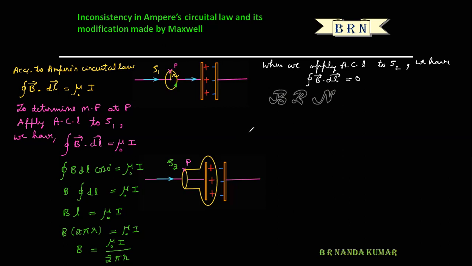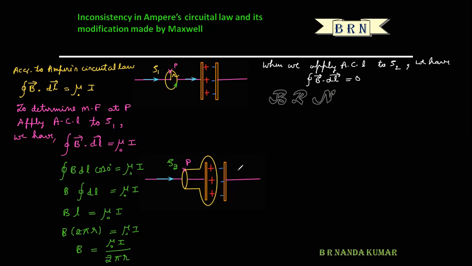Displacement current means the current that is produced due to the time varying electric field.